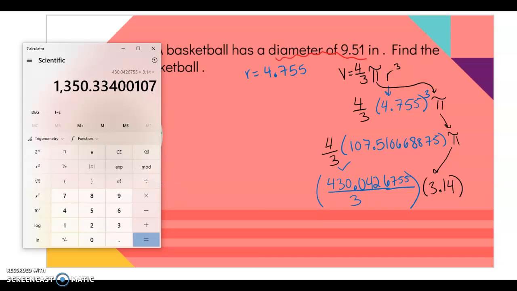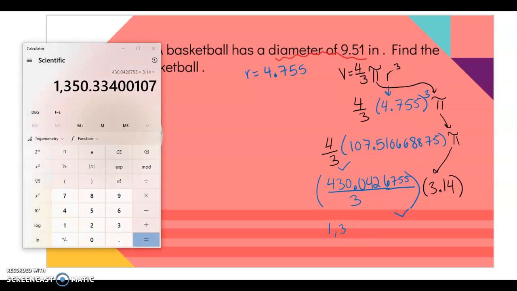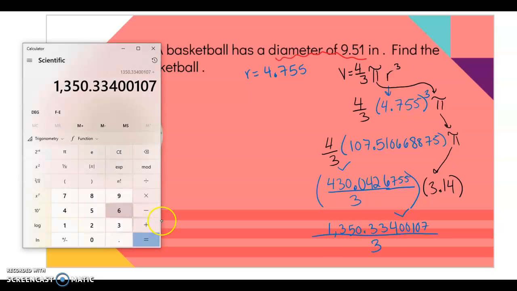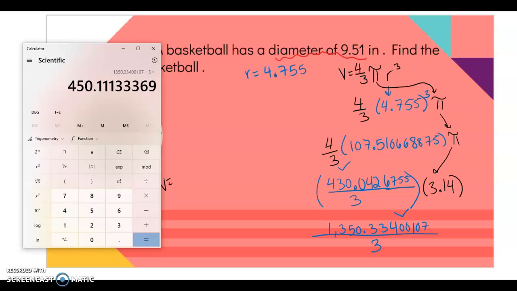Oh my goodness. Okay. So what I did is just take the top number, multiply it by 3.14, and got 1,350.334000107. Whew, divided by 3. You could have divided by 3 first, then multiplied, but what you would also get is 450.11.